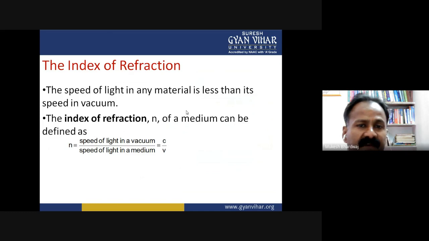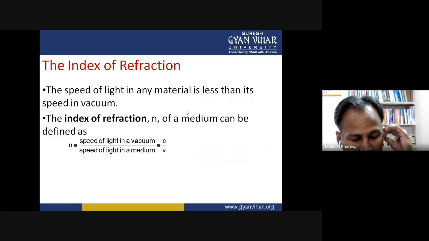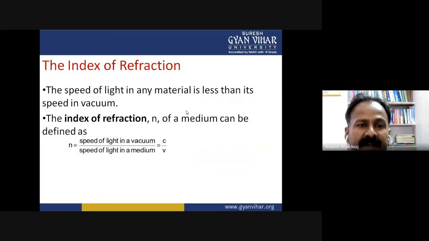Now the index of refraction. The speed of light in any material is less than its speed in vacuum. The index of refraction, n of medium, can be defined as n equals speed of light in vacuum upon speed of light in medium.